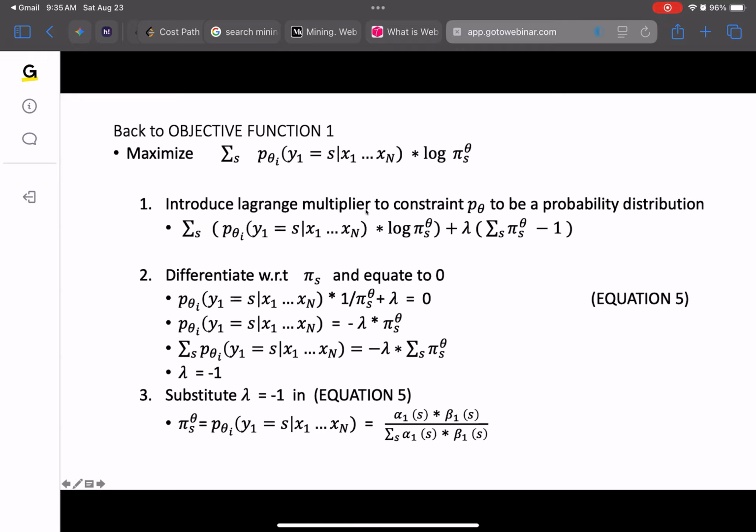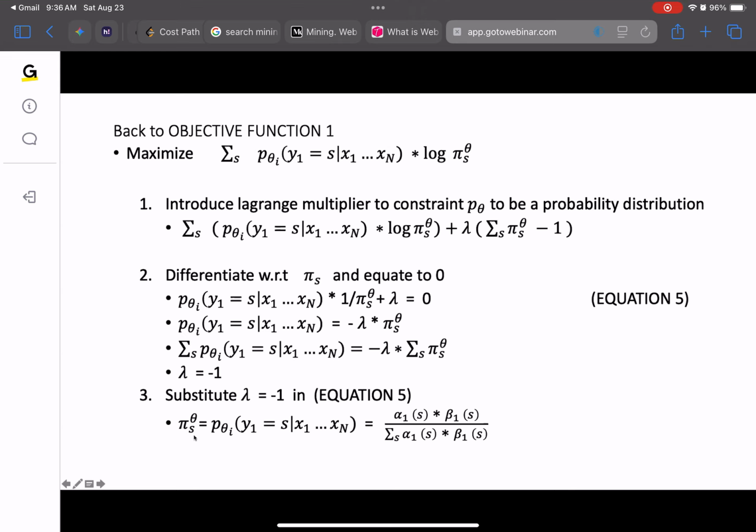In a similar fashion to what we did for supervised learning, the initial parameters are probabilities, and the estimate should sum up to 1. So we introduce the Lagrangian and Lagrange multiplier, and rewrite the objective function in this form. We follow similar steps, differentiating with respect to the parameter we are interested in and equating to 0, then find the estimate for the Lagrange multiplier, and we can find the estimate for the initial probabilities.